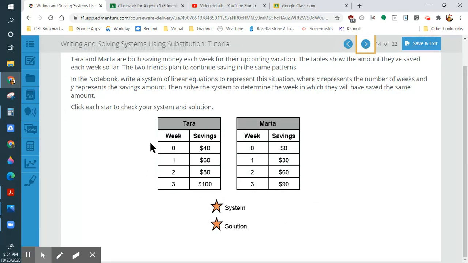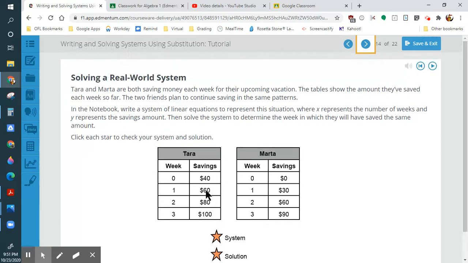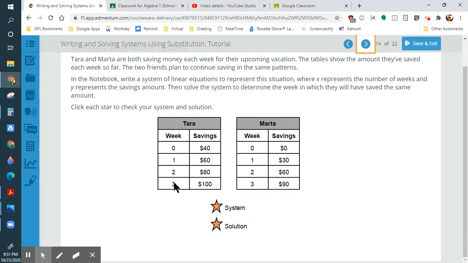So if we're looking at this, when do Martha and Tara have the same thing? I think this is when they want us to do this by completing the table. So let's see when they match up. We can't really complete this with a graph, because if you see here, Tara has more than Martha.